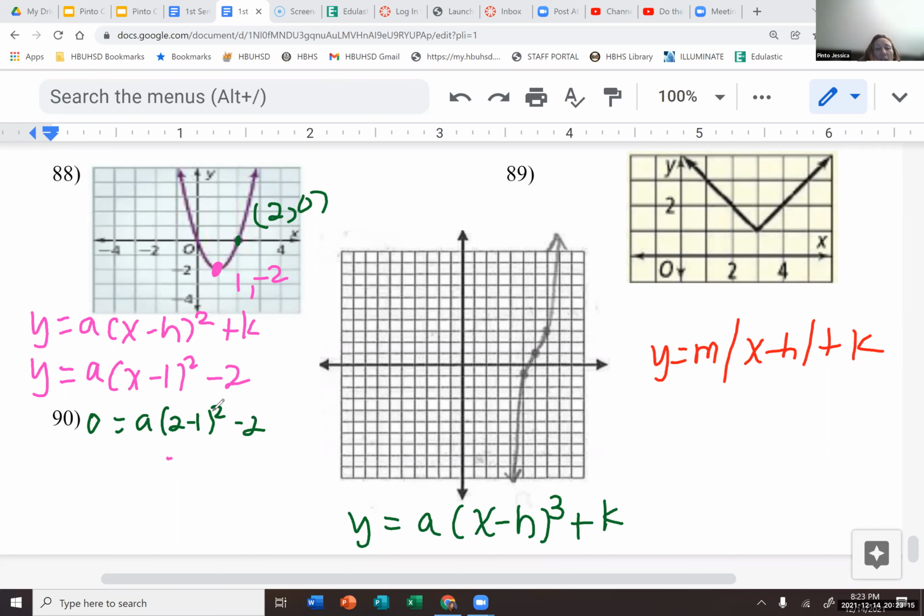So now I'm going to solve for a. I'm going to add 2 to both sides. It's going to give me 2 is equal to a times 2 minus 1 is 1. 1 squared is 1. So, 1a is equal to 2. A is just equal to 2. So then when I go into this, I can just change that to the number 2. And that's my final answer.